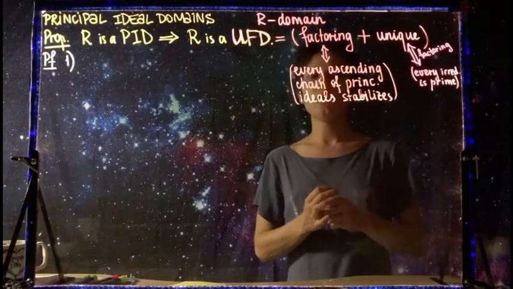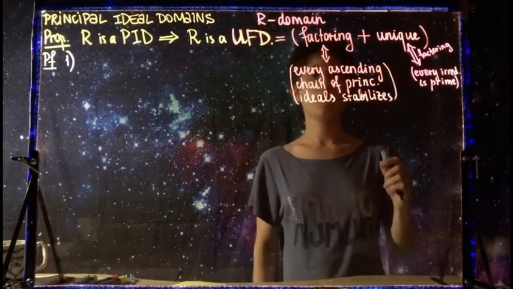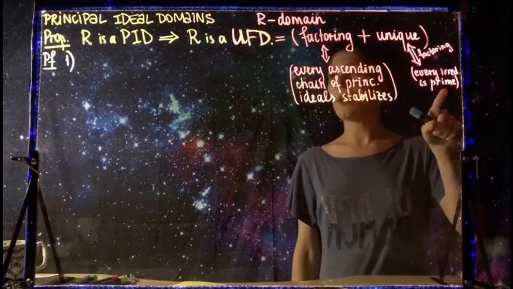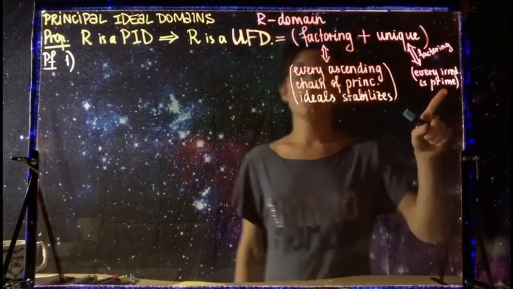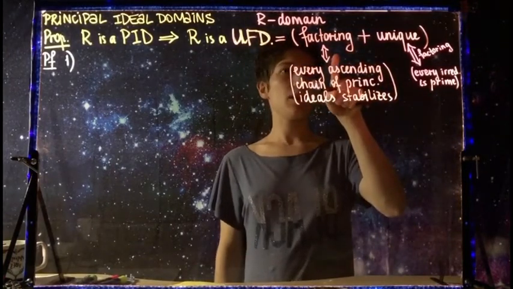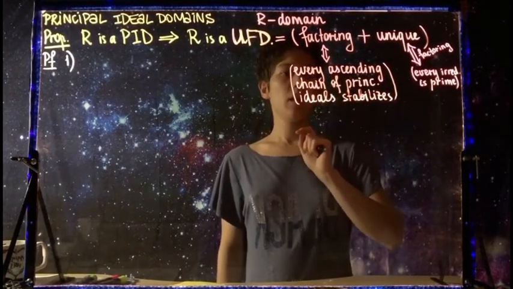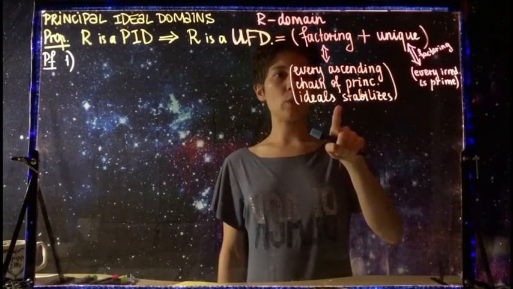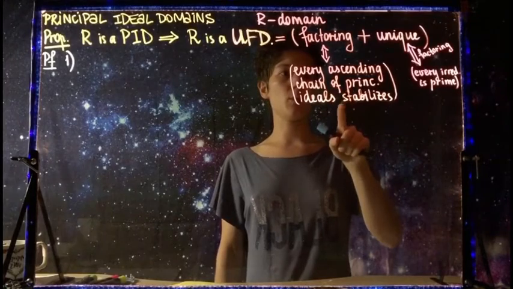So you can probably see the idea of the proof now. We proved that every irreducible element is prime in the previous proposition, and so we want to prove that factoring terminates. And for this, it will be easier for us to operate with chains of principal ideals.